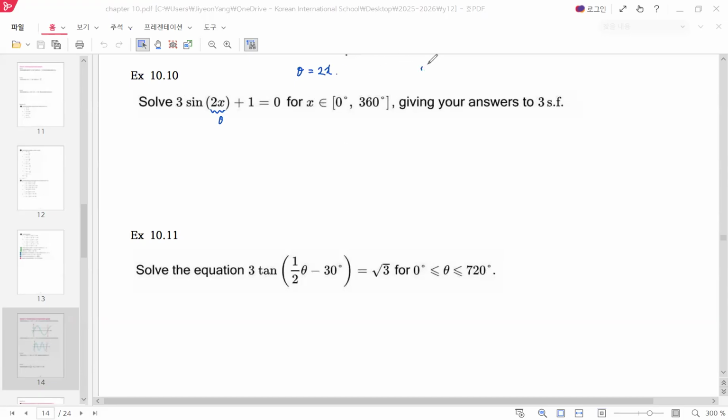And since x ranges from 0 to 360, it means that 2x ranges from 0 to 720 degrees. So theta is located from 0 to 720. It means that 2 full turns.